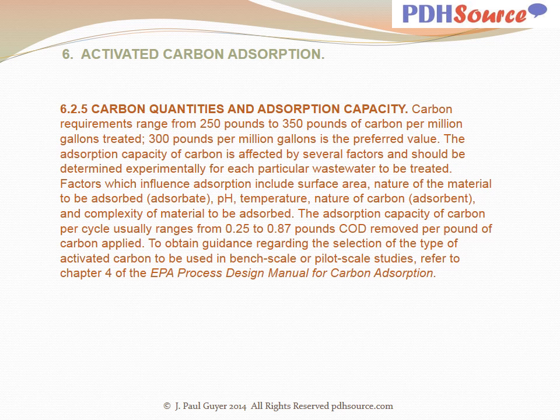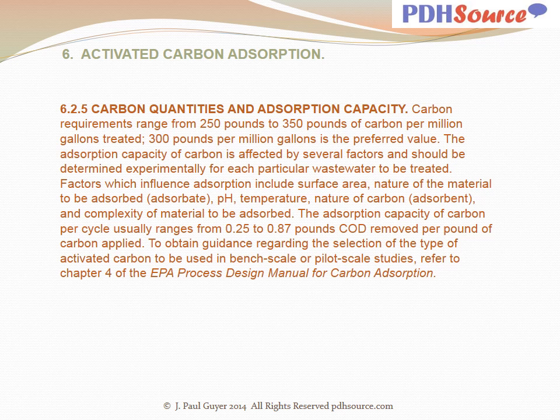Carbon requirements range from 250 to 350 pounds of carbon per million gallons treated. 300 pounds per million gallons is the preferred value. The adsorption capacity of carbon is affected by several factors and should be determined experimentally for each particular wastewater to be treated.